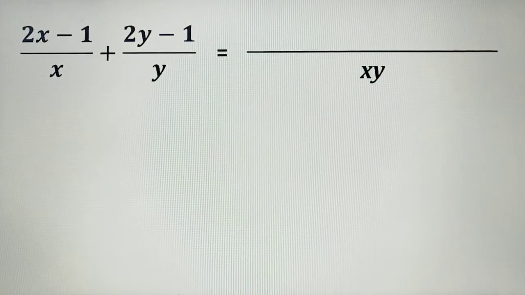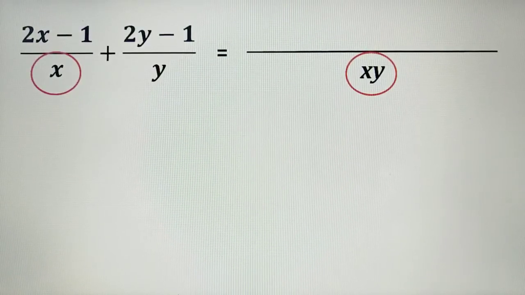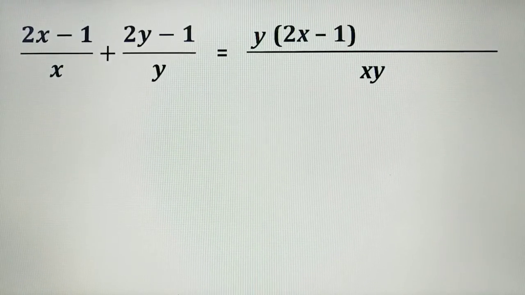To find the new numerators, we will divide xy by the denominator x. xy divided by x is y, because we can cross out x. Then y will be multiplied to the numerator 2x minus 1.